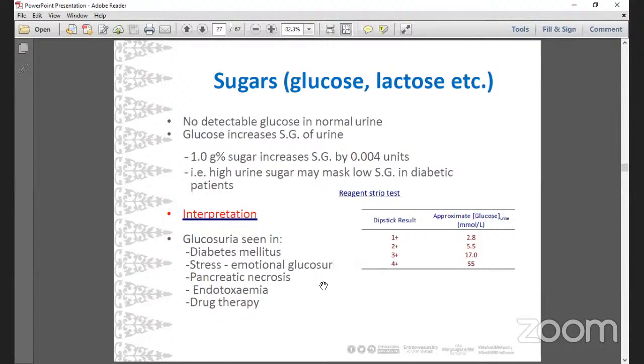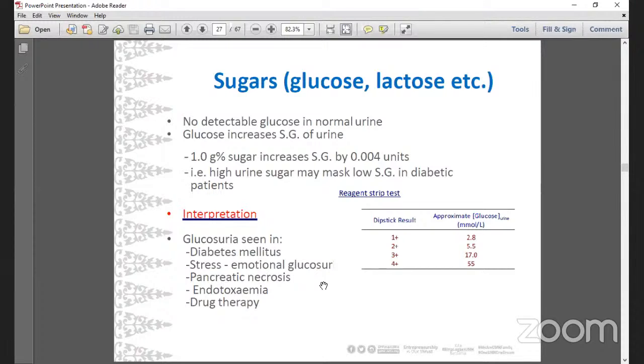We might see it in diabetes mellitus, or in stress. When animals have stress, there will be only a slight or mild increase of glucose compared to diabetes mellitus. And when there is pancreatic necrosis, as we know the pancreas produces the insulin hormone, there will be hyperglycemia in the blood, leading to glucosuria.